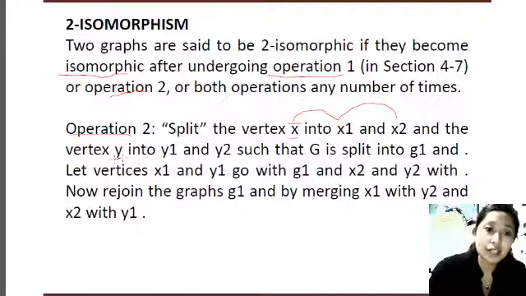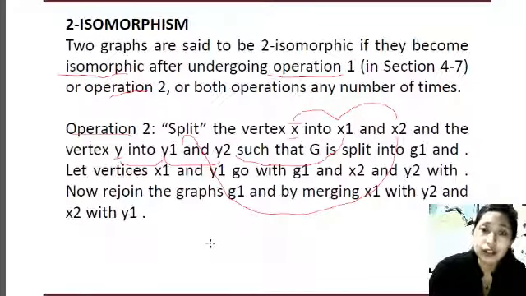Similarly, you have another vertex y and you can divide it into y1 and y2. Now you can again combine those two separate graphs. Let us say you combine x1 with y2 and x2 with y1, or in some other combination, whichever you feel is going to give you the result. After rejoining, if the resultant graph is isomorphic to the original graph or to the other graph that is provided, then you can say that the two graphs are two isomorphic to each other.